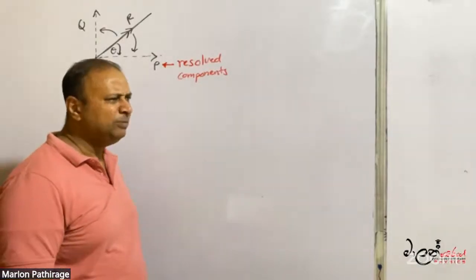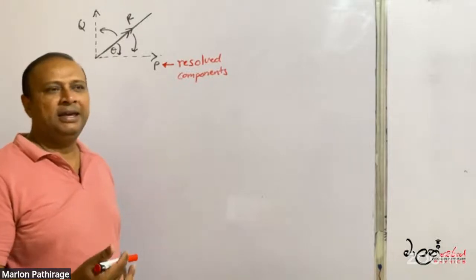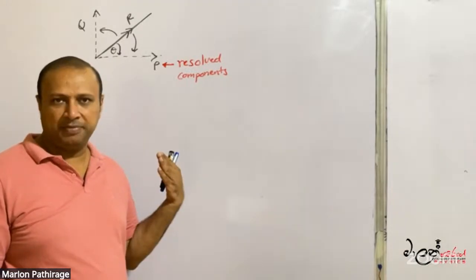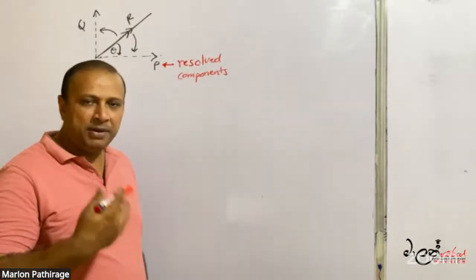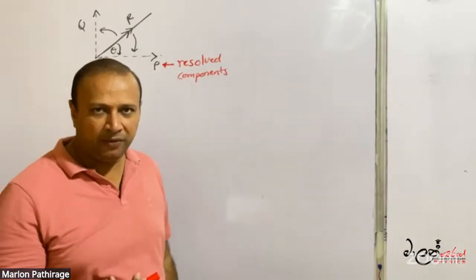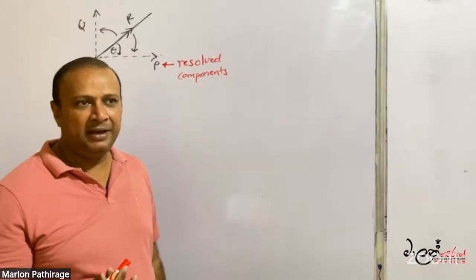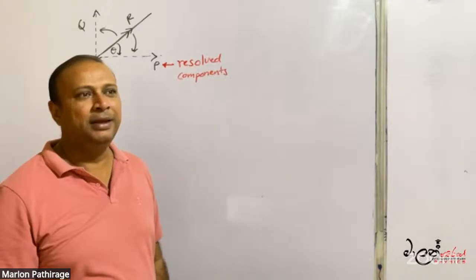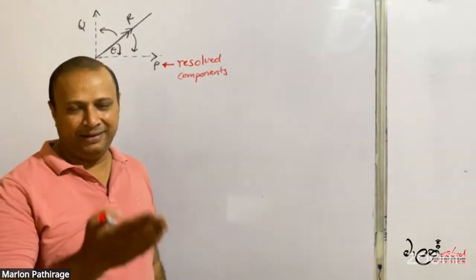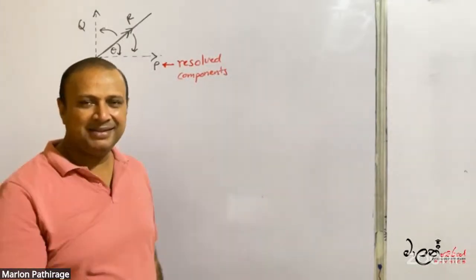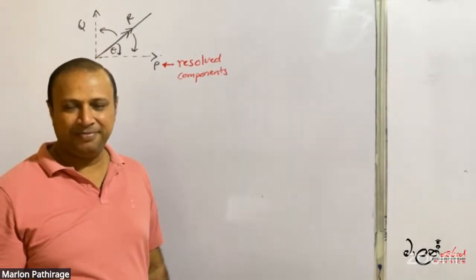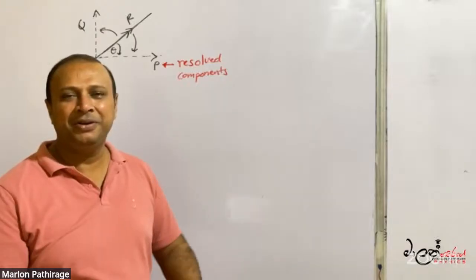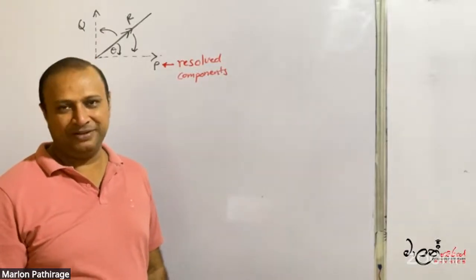Perpendicular directions are the easiest way. The requirement of resolving is taking the direction easily. Therefore, the easiest directions are two perpendicular directions. Otherwise, it will be very hard to take the resolved components.